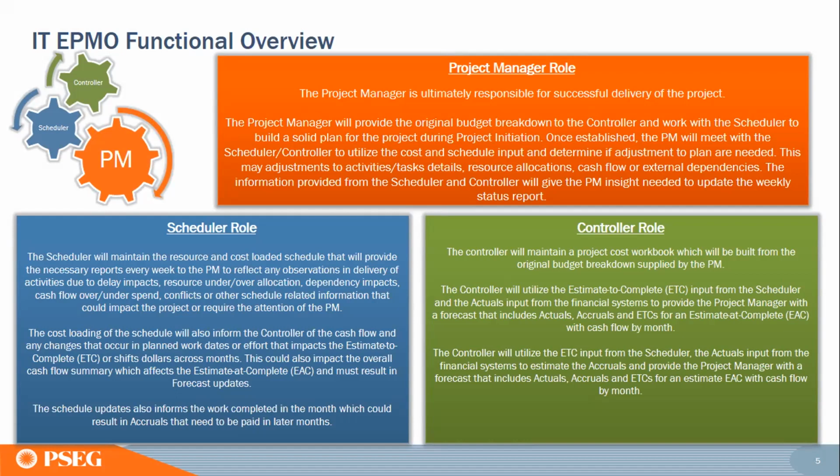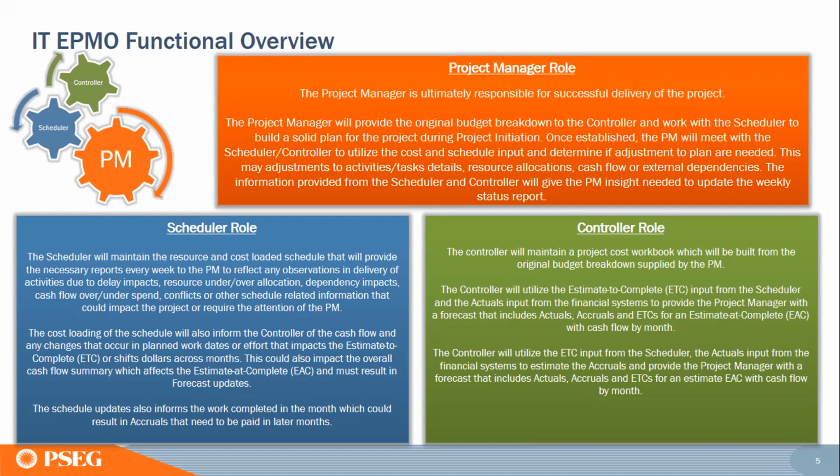The scheduler is the skilled resource that takes care of the schedules of the projects. They will come out with templates. They will know the milestones. They will tie these projects to other projects which have dependencies. And they will also load the schedules with resources and cost.